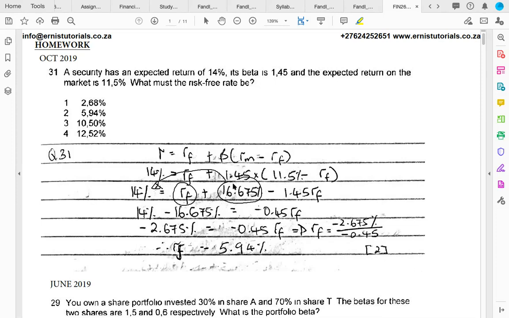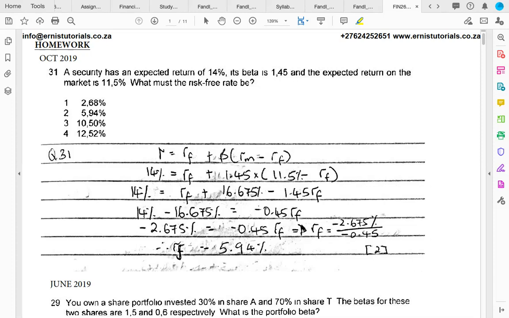We take 16.675 to the other side, and then we say 14% minus 16.675, giving us minus 2.675, right? And then at the right-hand side of the equation, we get RF minus 1.45 RF. So we simply say 1 minus 1.45, and then that gives us minus 0.45 RF.